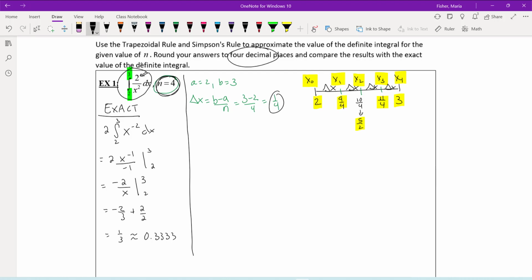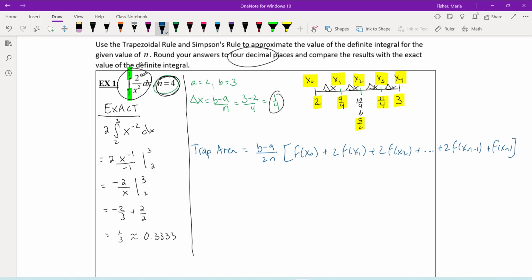Now we can put them in the formula. The trapezoidal area is going to equal (b minus a) over 2n, and then it's going to be f of x naught plus 2 times f of x sub 1 plus 2 times f of x sub 2 plus dot dot dot plus 2 times f of x sub n minus 1 plus f of x sub n.